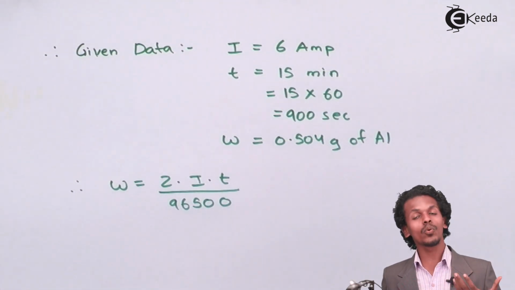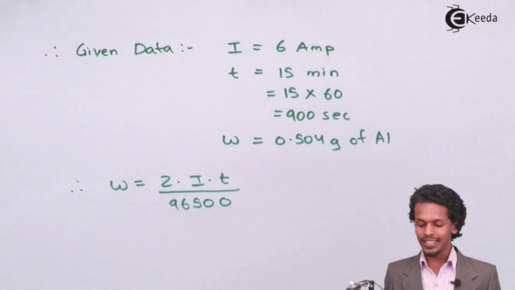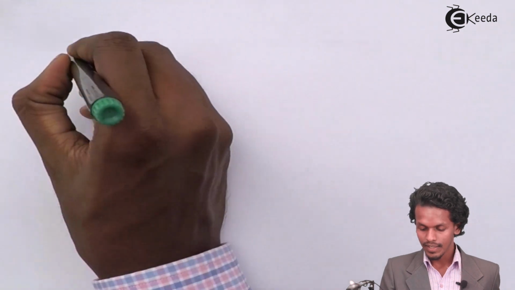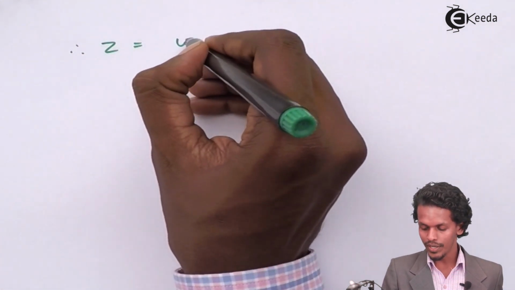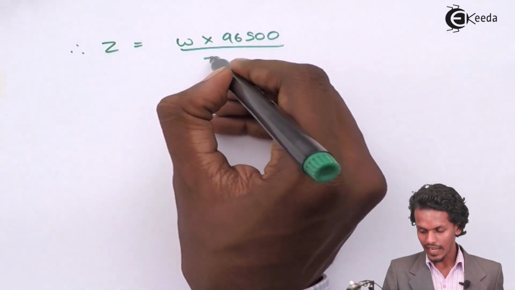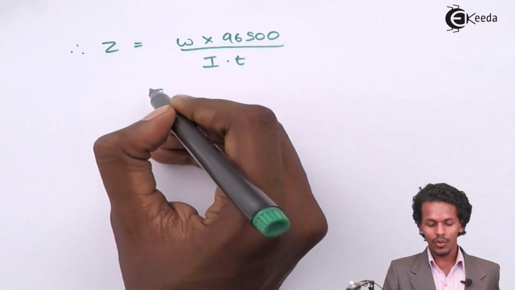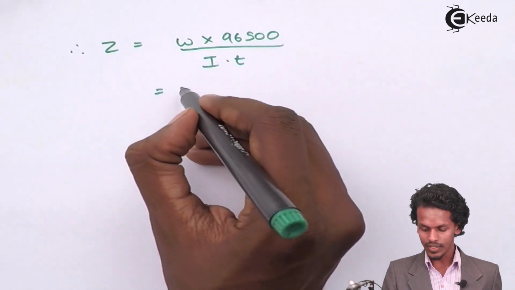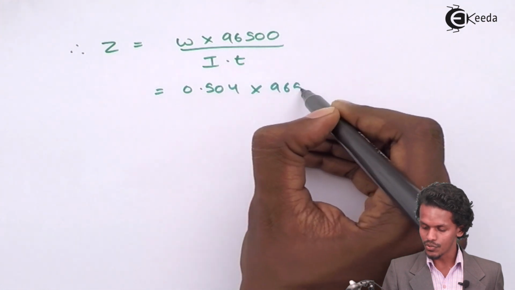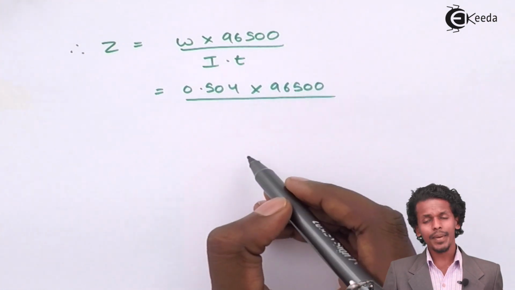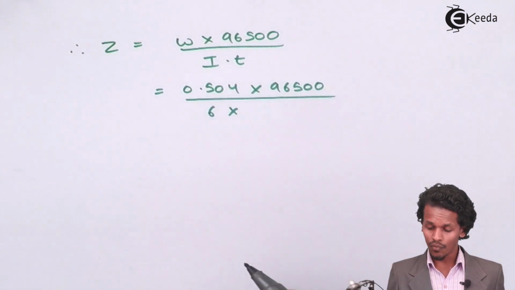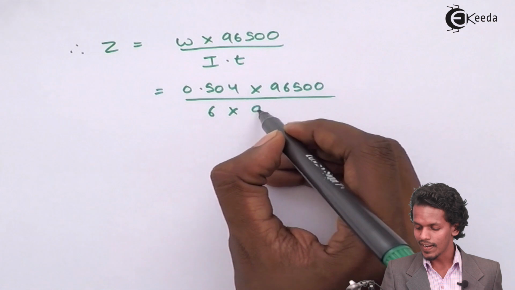So the first thing we have to determine is the value of Z. Therefore Z is equal to W into 96500 divided by I into T. In this case, W is 0.504 into 96500 divided by the current of 6 ampere and the time of 900 seconds.